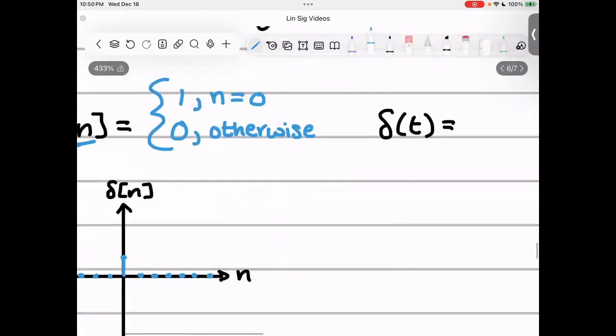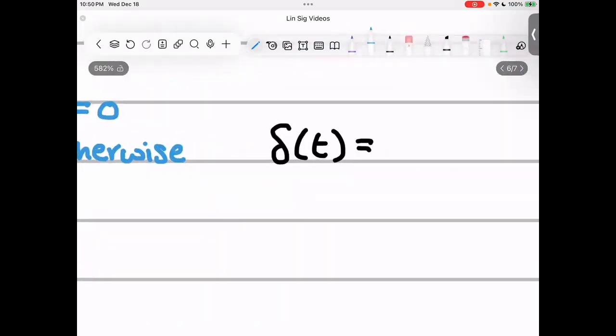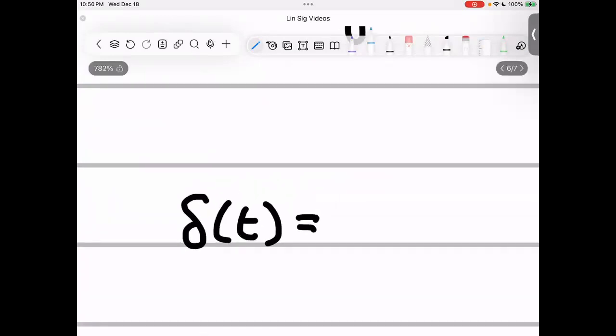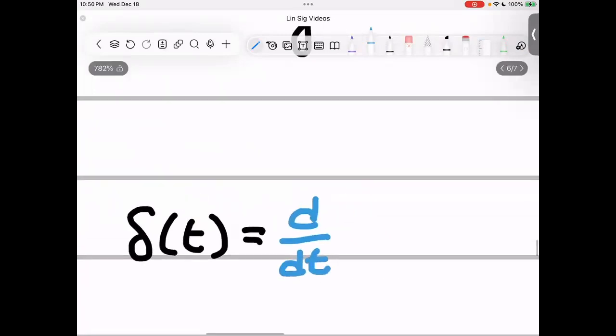Now, in the continuous time, you can't really describe it as a function because it's just that one loop. You'd get basically an infinite derivative there if you tried, and it's just going to look weird. So the way that we describe this is as the derivative, with respect to time, of the unit step.